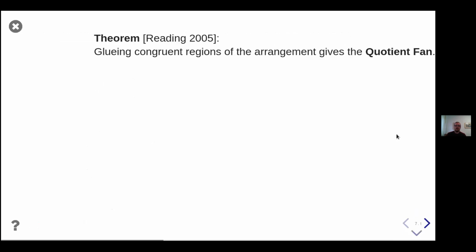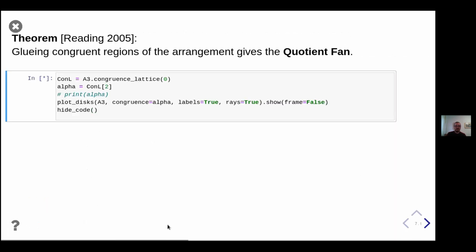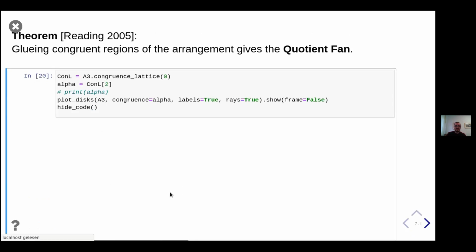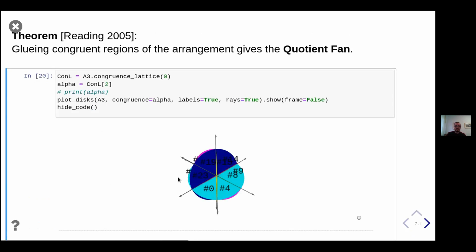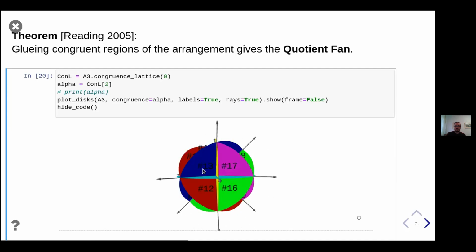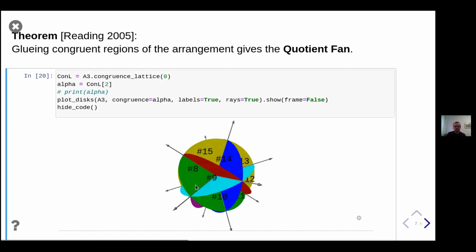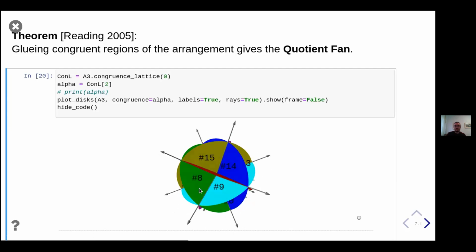And what does this look like? This looks something like this. This looks like what's called a quotient fan, which is just the original arrangement fan, but where we glued 8 and 9 and where we glued 14 and 15, the part of the wall that used to separate these two regions has now been removed. So 8 and 9 and 14 and 15, they each now are one larger region.